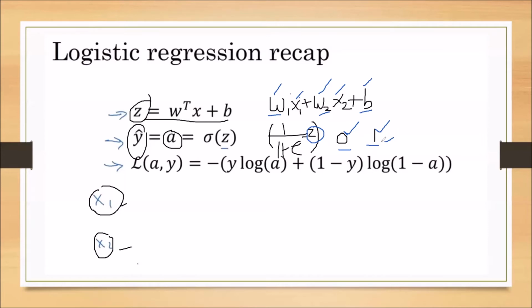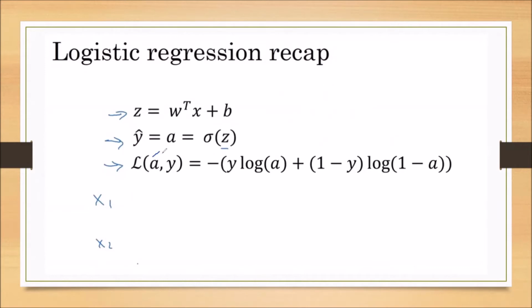The predicted output may not be the original output. Sometimes the computer may not predict the output as the original output. So we want to check whether the predicted output is exactly the original output or not. How can we check? That's why we take the loss function.